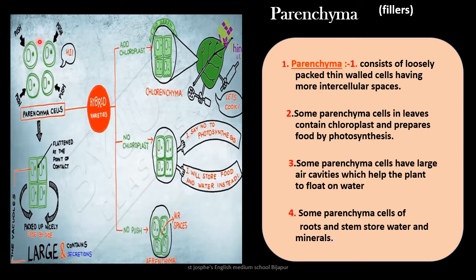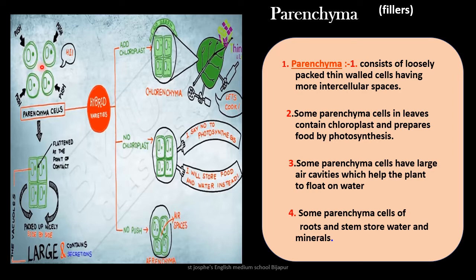If you observe in this picture, they consist of loosely packed, thin-walled cells having more intercellular space. That is, the cells are arranged loosely, they have a very thin cell wall, and there is more space between the cells.